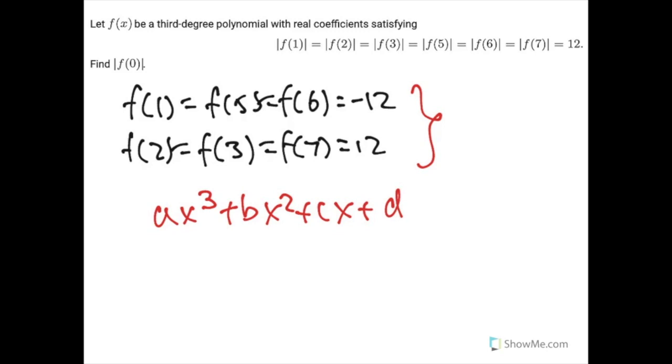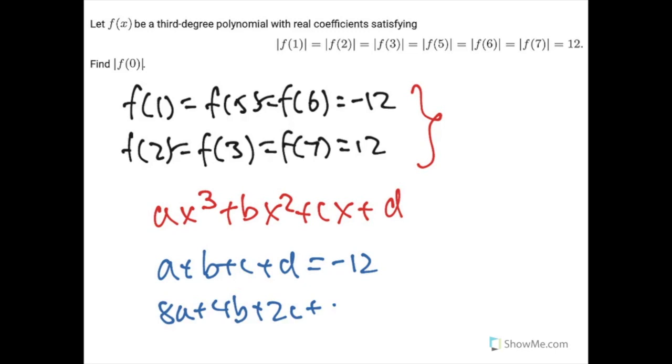So I'll take this for example. If we plug in 1, we're going to get a plus b plus c plus d is equal to negative 12. Simple. If we take 2, we're going to get 8a plus 4b plus 2c plus d is equal to 12. Again, very simple. And we can continue doing this for the other 4 values that we know.